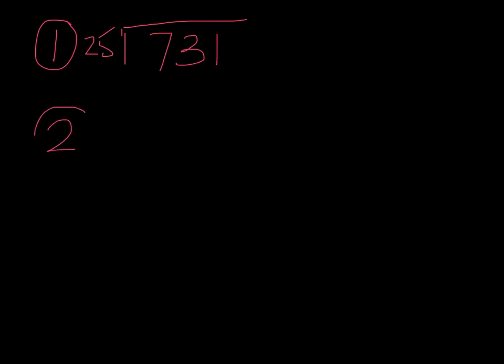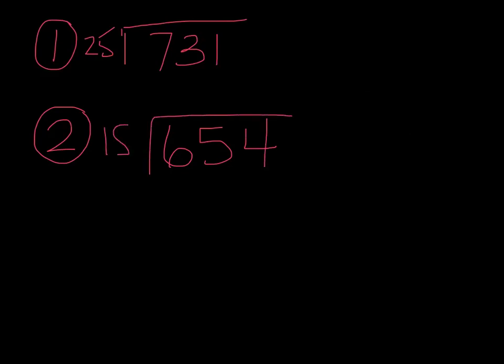For the first one, I want you to do 731, and let's divide that by 25. Whew. The second one I'd like for you to do, let's try 654, and we'll divide that by 18.